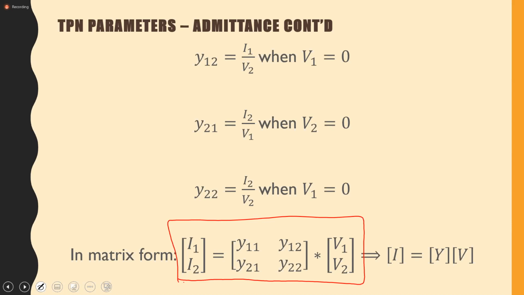Yes? So the top one would be equation 1, and then, of course, the bottom one would be equation 2. So these parameters, the y11, 12, 21, and 22, we can put them all in a single matrix. All right?